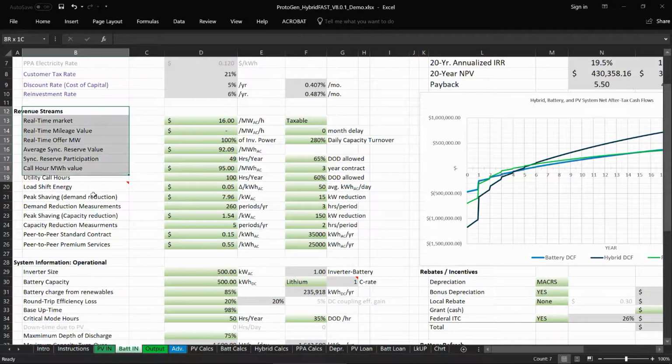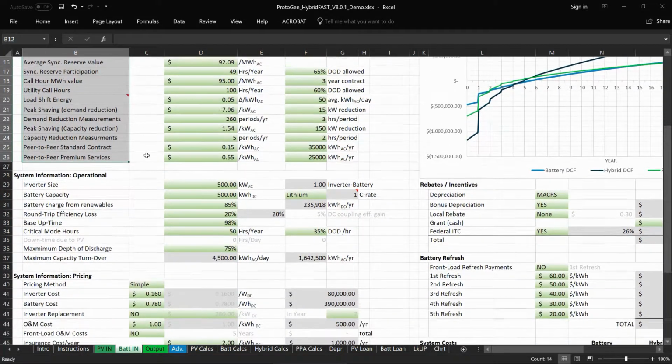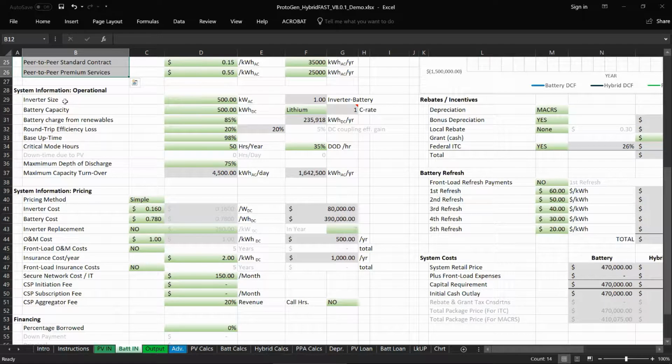After you get the revenue streams all squared away, you would go down to your operational information, and you'll see this is a little bigger for the battery system, because batteries are slightly more complicated. We also have independent inverter size and battery capacity, because they don't always match perfectly. One thing we've noticed in conversations about battery systems is that if you're not specific about your units, you can get a lot lost in translation.